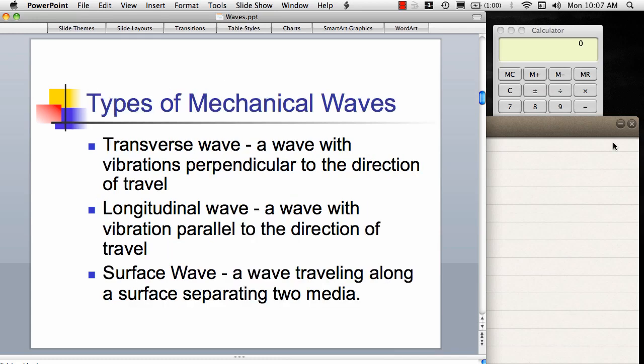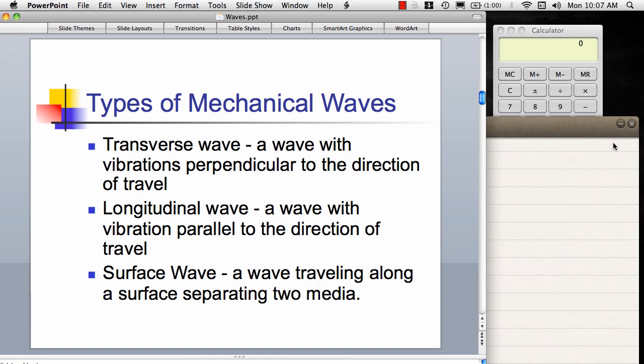When we examine mechanical waves, there are basically two types. The book we're using likes to talk about a third type. The first type is a transverse wave. It's the wave that oscillates up and down. We've all seen these waves.